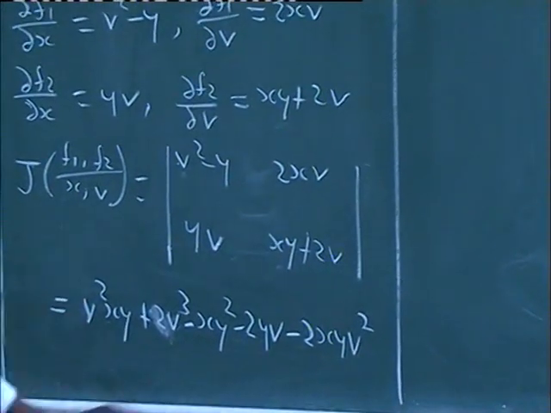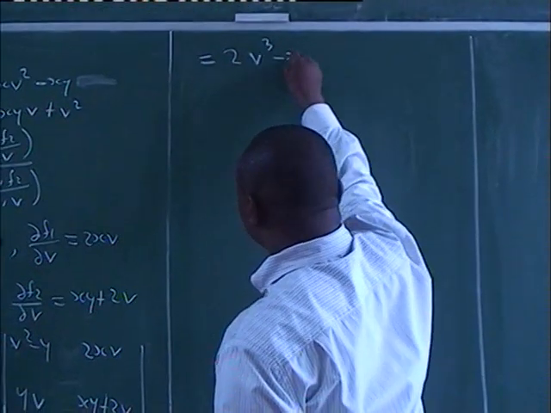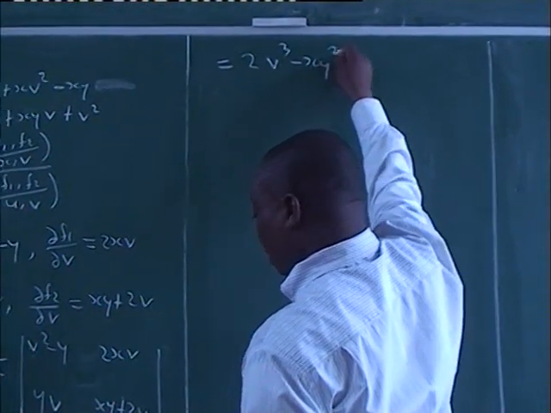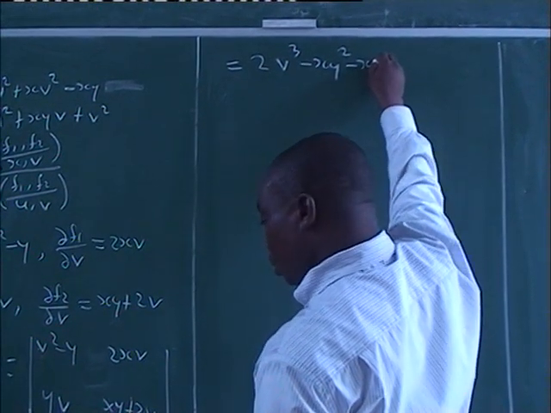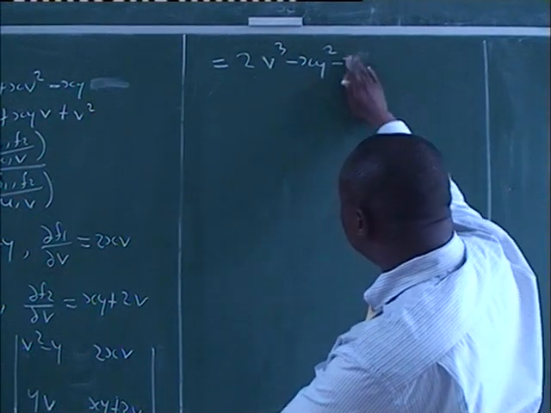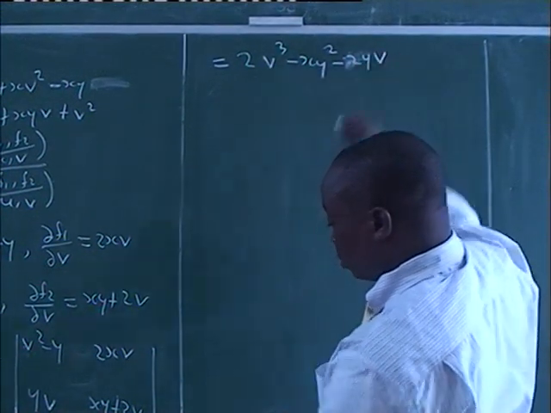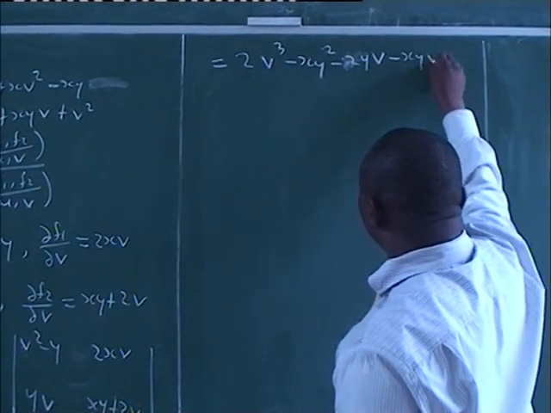I can write that as 2v cubed minus xy squared minus xy v squared minus 2yv minus xy v squared.